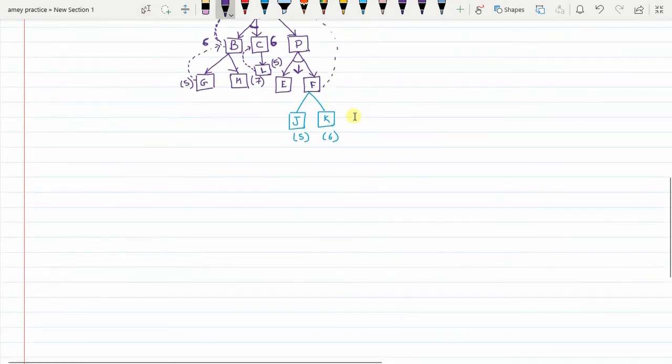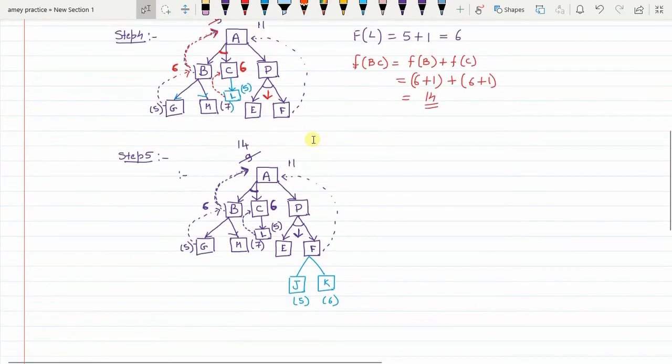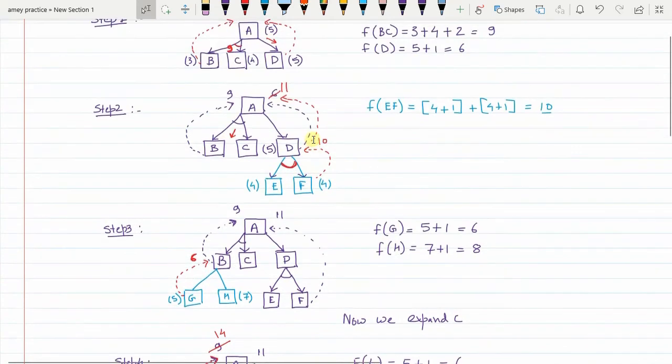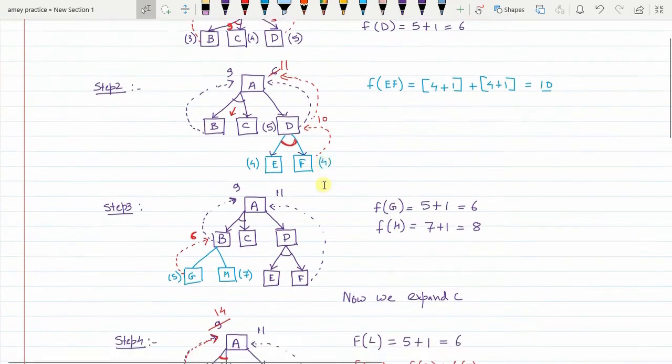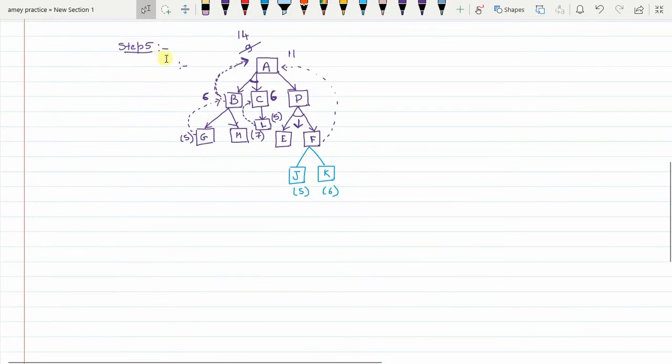Before expansion the algorithm checks whether F is a goal node. Since F's heuristic value was 4, it's not a goal node, so it was expanded further. That is in this step number 5.